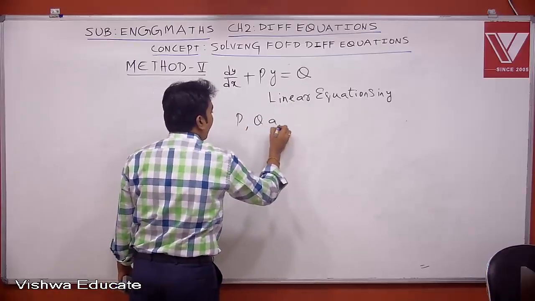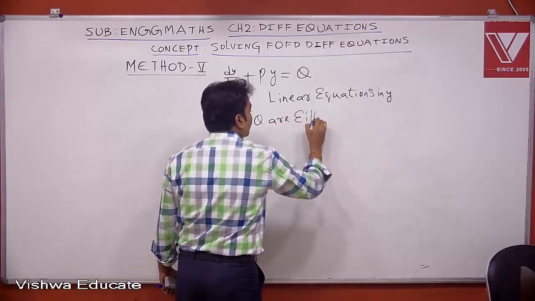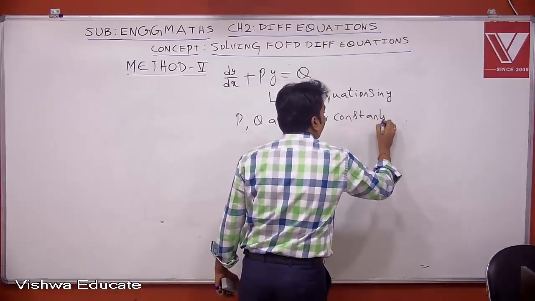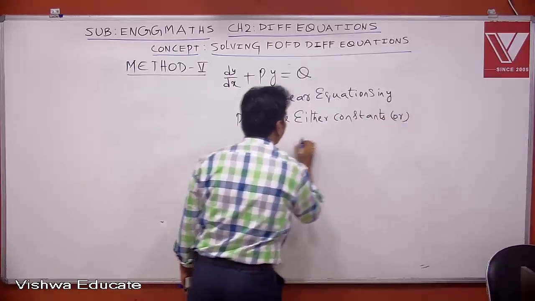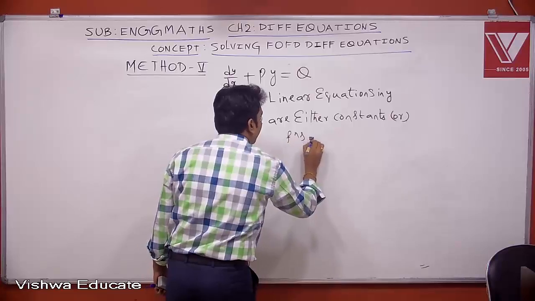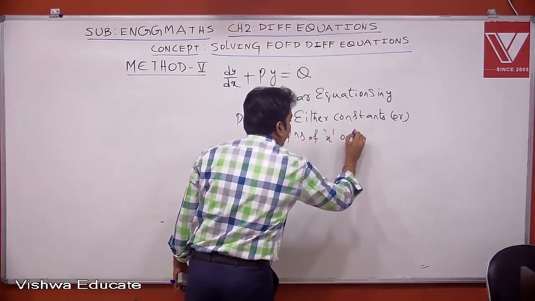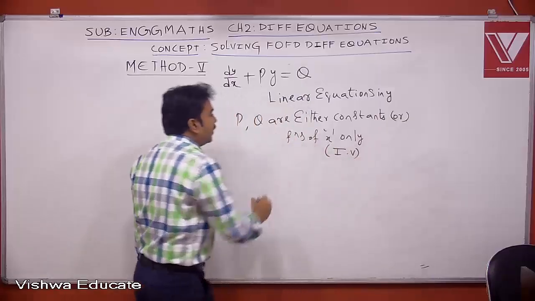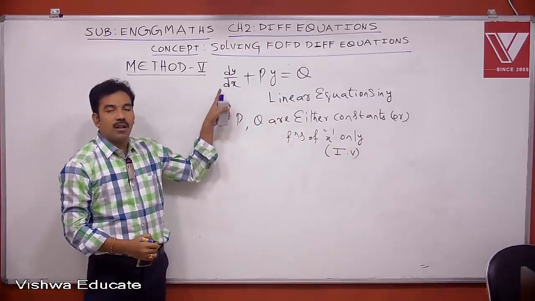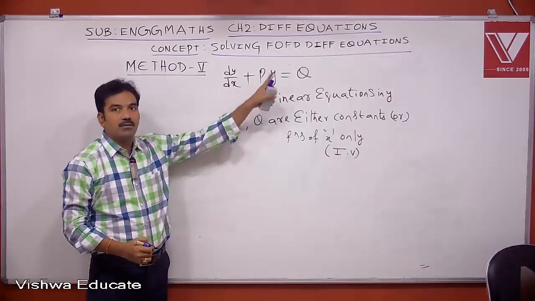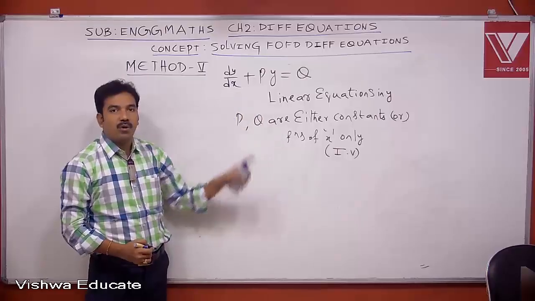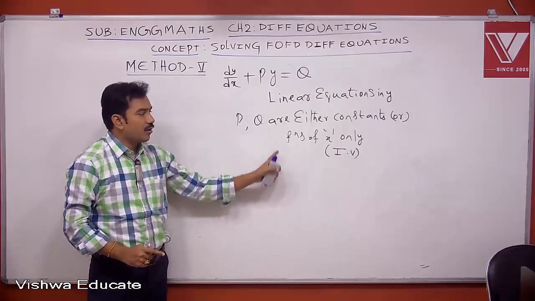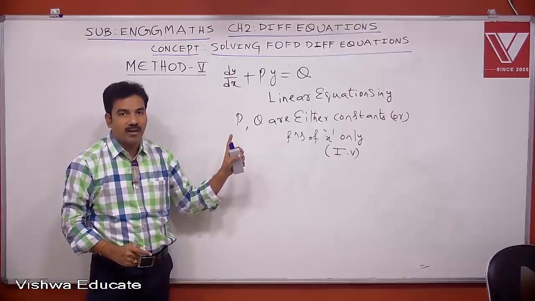Here p, q are either constants or functions of the independent variable x only. Here this x is nothing but the independent variable. So whenever the equation is in the form dy by dx plus py equal to q, where p, q are either constants or functions of x only, then such equations are called linear equations in y.